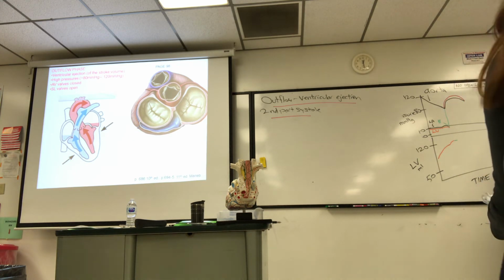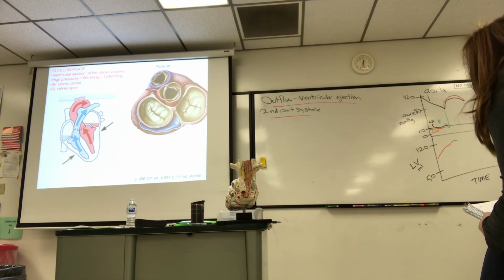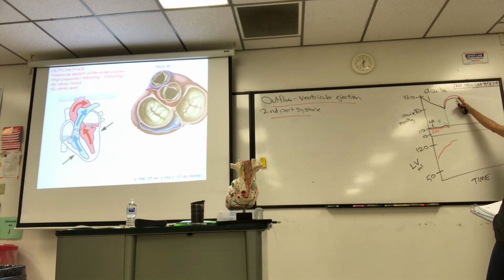There to there. That's kind of how you want to draw it. The red line is LV pressure. The black line is the aortic pressure. So again, which pressure is greater? LV pressure, so you're going to push blood into the aorta during this phase.